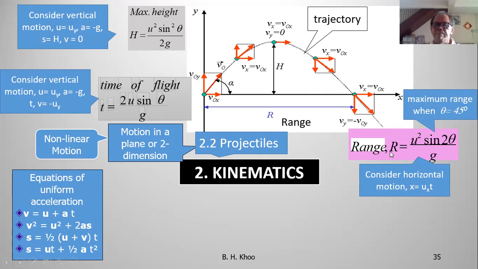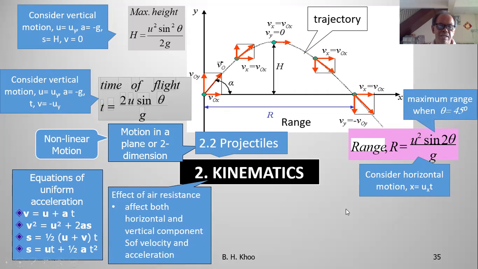And for the maximum range, for the same height, we put in 45 degrees, and sin 2θ becomes 1. So this will give you a maximum range of u squared over g. And we look at the effect of air resistance.